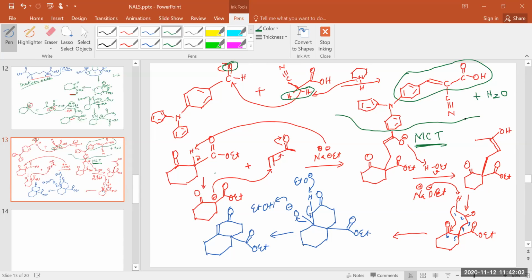So this reaction from here to here, after keto-enol tautomerism, is called Michael addition. Okay.